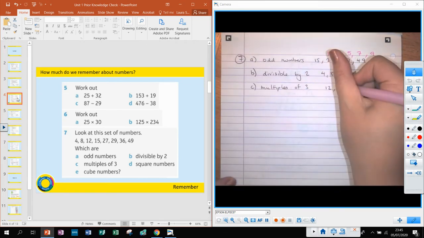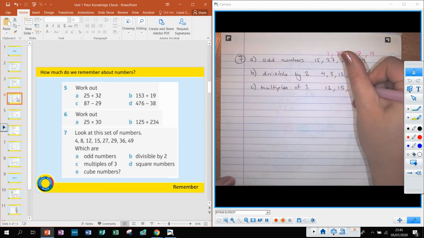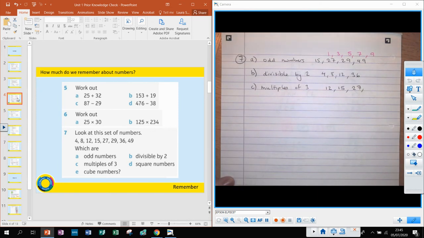Okay, 15 divided by 3 is 5. 15 is correct. 27 divided by 3 is 9, so that's correct. 36 divided by 3 is 12, so that's correct. Okay, and 49, nope, doesn't divide by 3, divides by 7, but not 3. 29 is a prime number, so that's not going to work.